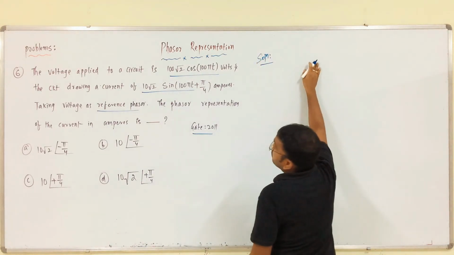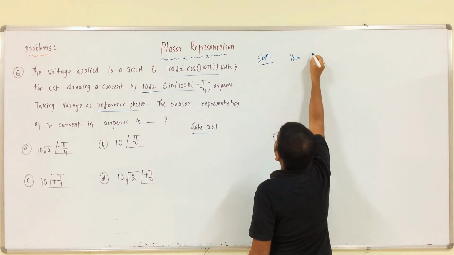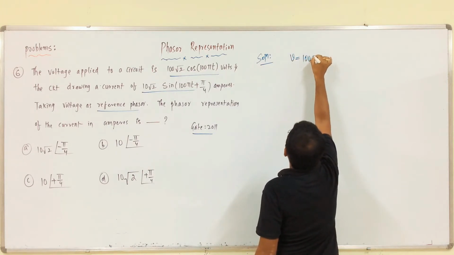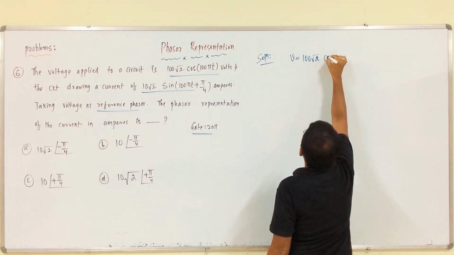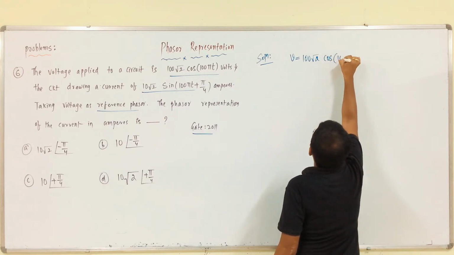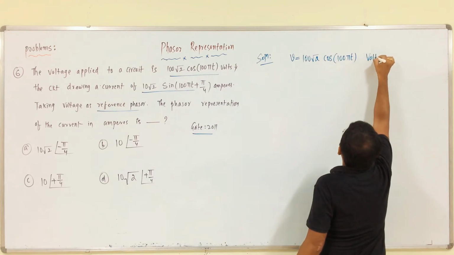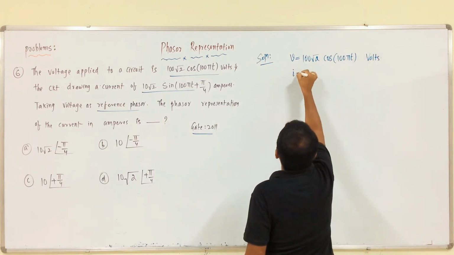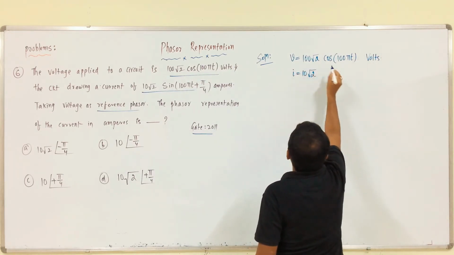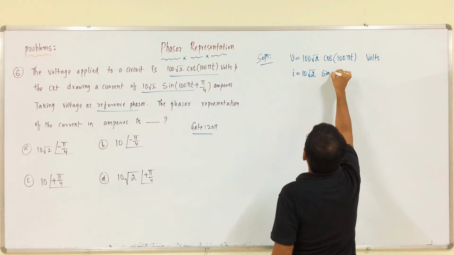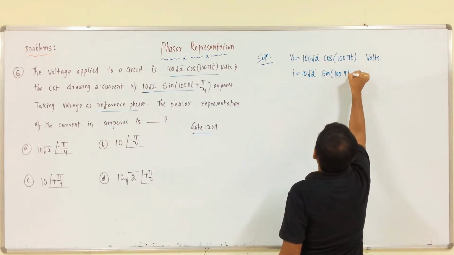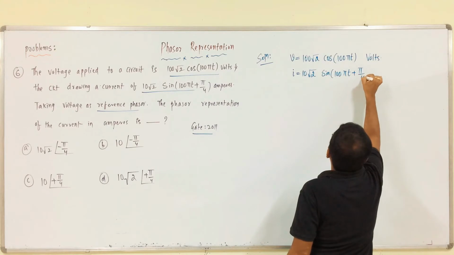First we write the voltage V is equal to 100 root 2 cos 100 pi t volts, and I is equal to 10 root 2 sin (100 pi t plus pi by 4).